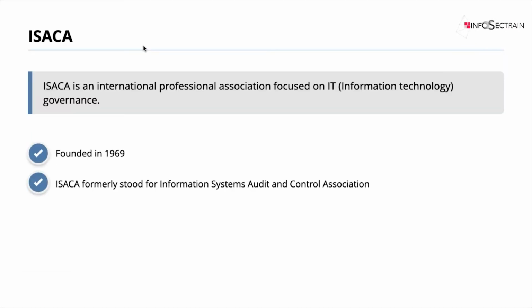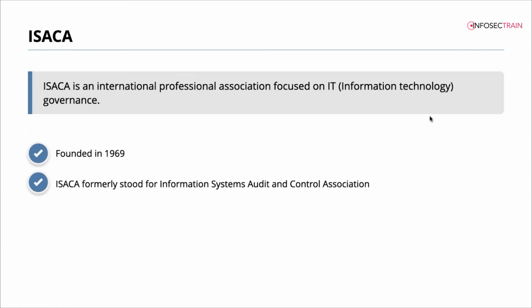Before understanding what CISM is, let's understand ISACA. ISACA is the parent company responsible for CISM. It was established in 1969, and initially stood for Information Systems Audit and Control Association. That's its formal name, but it has grown much beyond that, so today we just refer to it as ISACA.